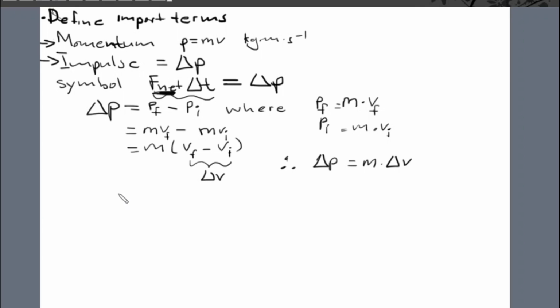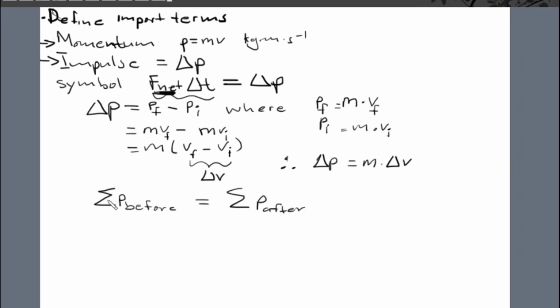or is constant, which means that the total linear momentum before collision is equal to the total linear momentum after collision. This sign is sigma, it means total. P here is for momentum, and before and after, the total linear momentum before is equal to the total linear momentum after.